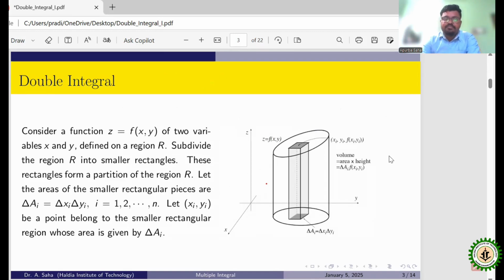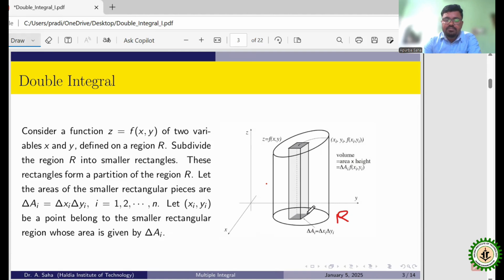So for a double integral, we consider a function z equals f(x, y) of two independent variables x and y defined on a region R in the xy plane. This is your region R in the xy plane. Now we subdivide this region R into smaller rectangles, and these rectangles form a partition of the region R. Let the areas of the smaller rectangular pieces be del Ai.